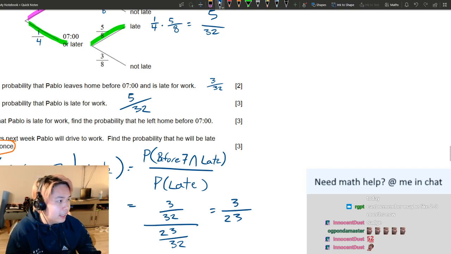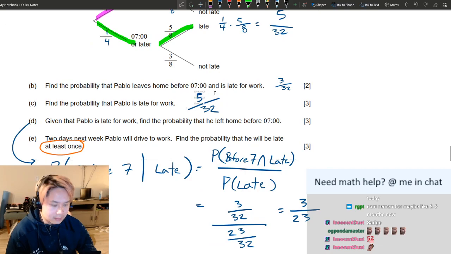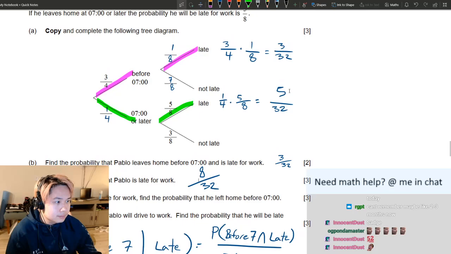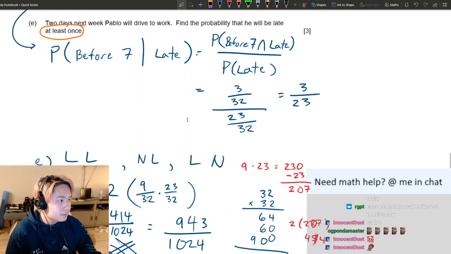So this should have been 5. Or not 5, 8. Because 3 plus 5 is 8. Which means that this should be 8. And this one should be 8.